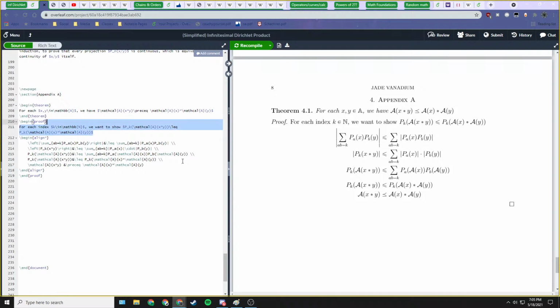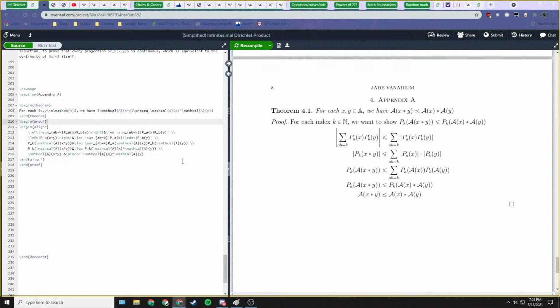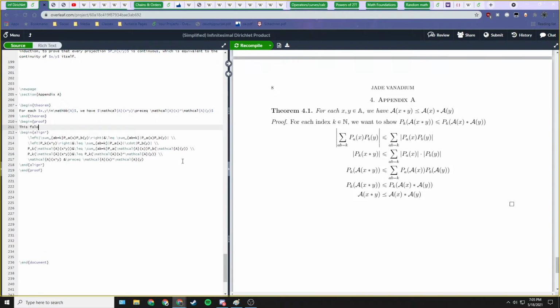And actually this proof is so self-evident that we don't need very much commentary. So that's the proof: to prove this precession inequality, it's just the triangle inequality on each index.